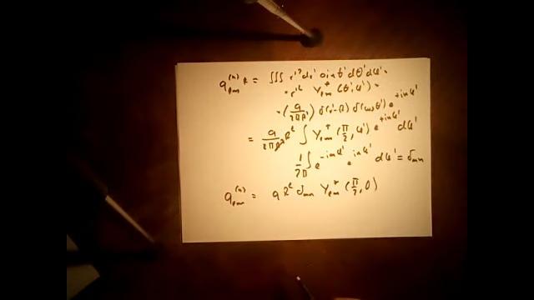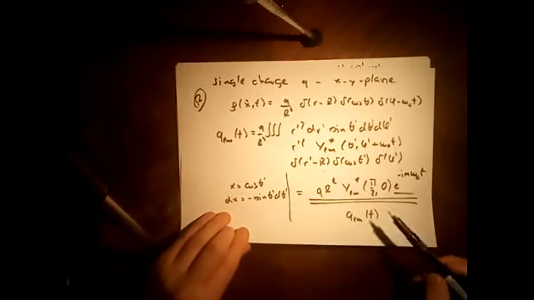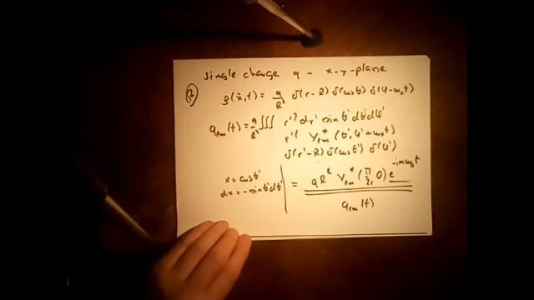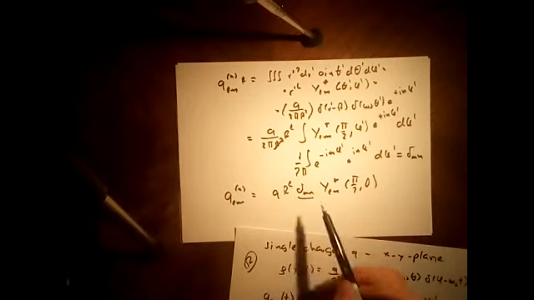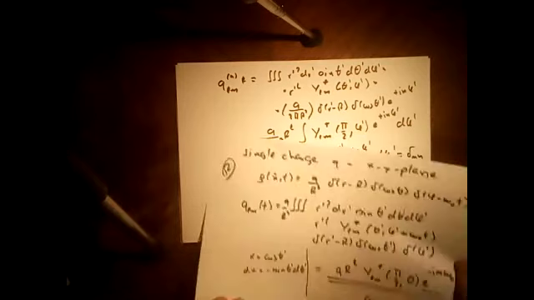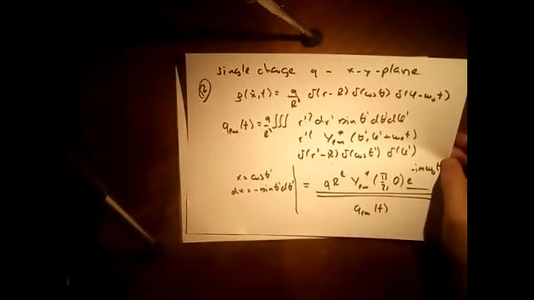The only difference, it seems, is this delta_mn, but that actually makes the Fourier mode extract the correct mode for a particular multipole moment.